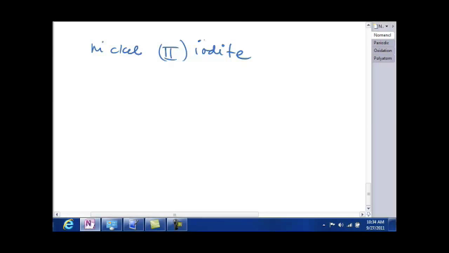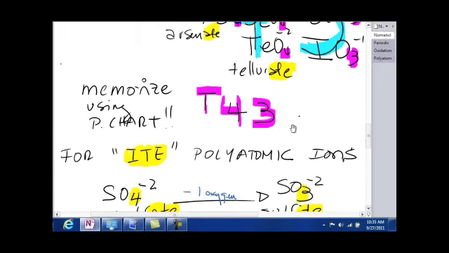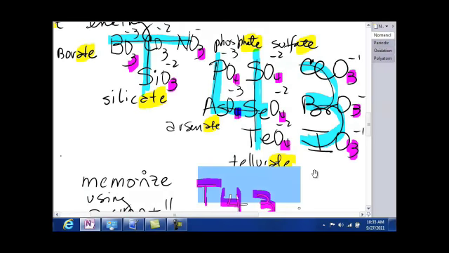Our first fellow with the iodines had what number? 2. Okay, when I had my 3, what was this guy? This was called who? What's IO3 minus 1? This is an ATE. Okay, so this is iodate.